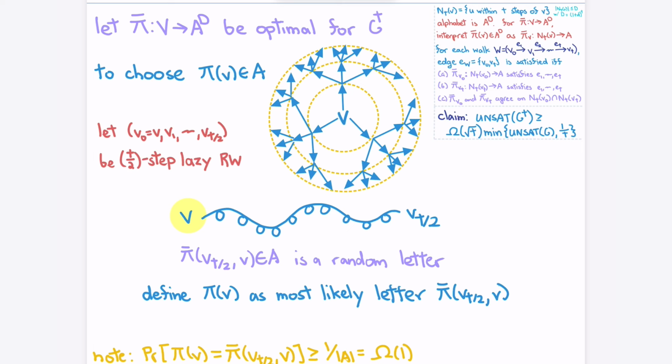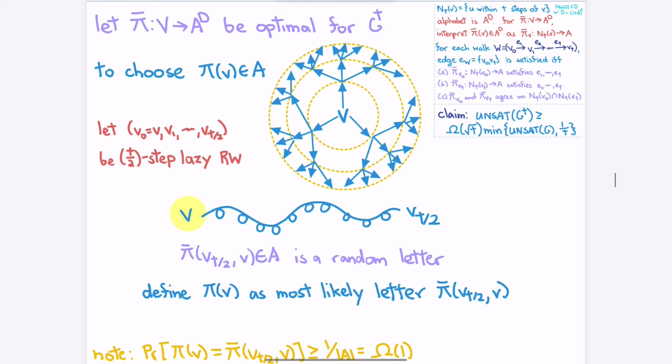Okay, so again, we're still catching up to last time. So, given a labeling for the powered problem, which is giving a lot of letters for every vertex, I want to come up with a good assignment of one letter per vertex that decreases the error. So what we do is the following.